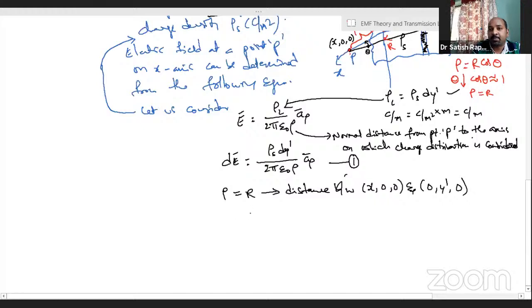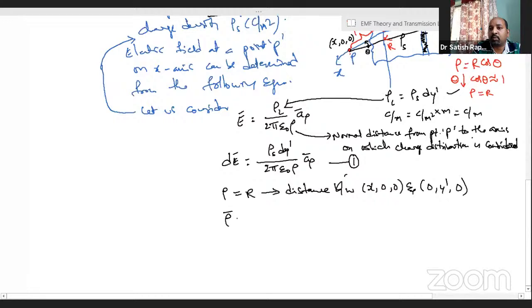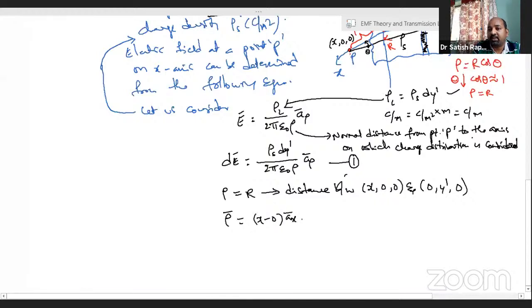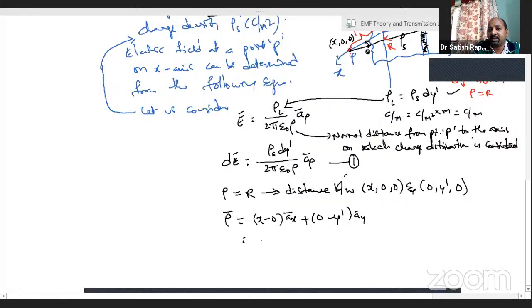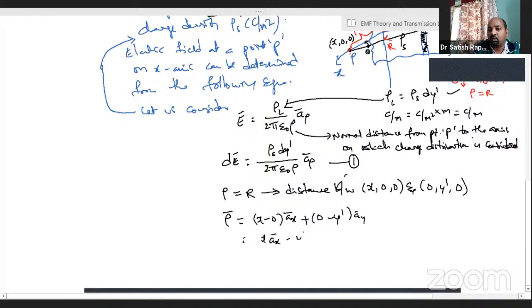So let us determine the vector distance. The vector distance rho bar is equal to (x minus 0) ax bar plus (0 minus y') ay bar plus (0 minus 0) az bar. So therefore we will get x ax bar minus y' ay bar.